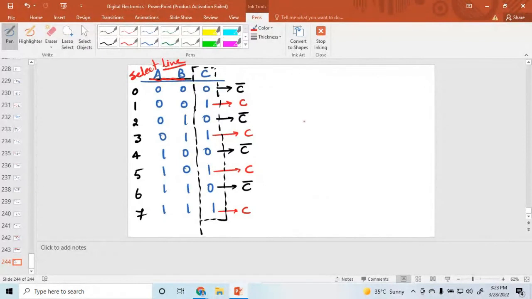That's why I'm writing this. Then I'm writing an implementation table. So how do we draw the implementation table?